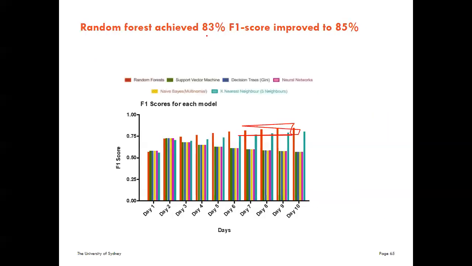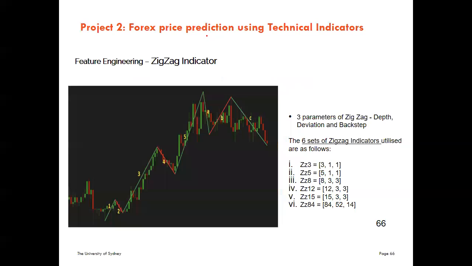And I meant to have the confusion matrix. I think it's lost somewhere. That shows exactly how much we actually had of sell and buy. I think I don't have a slide for that one.